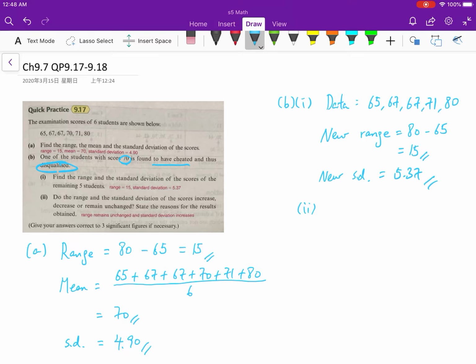And then B2, now the first question actually is very easy. Whether it is increase, decrease, or remain unchanged, but you need to state the reason. So first, we observe the range remains unchanged, right?